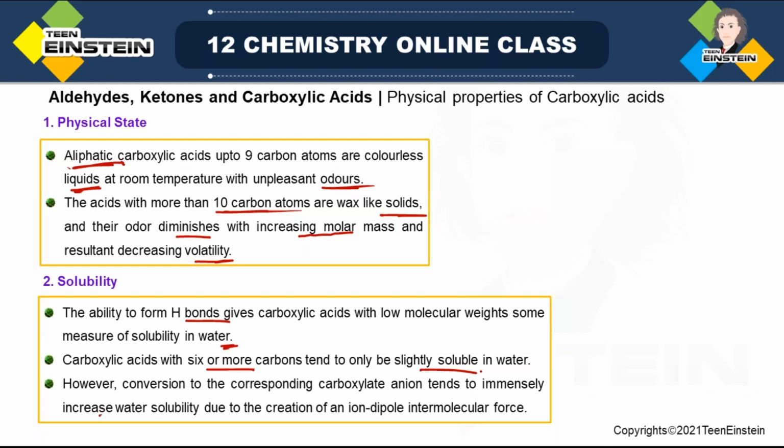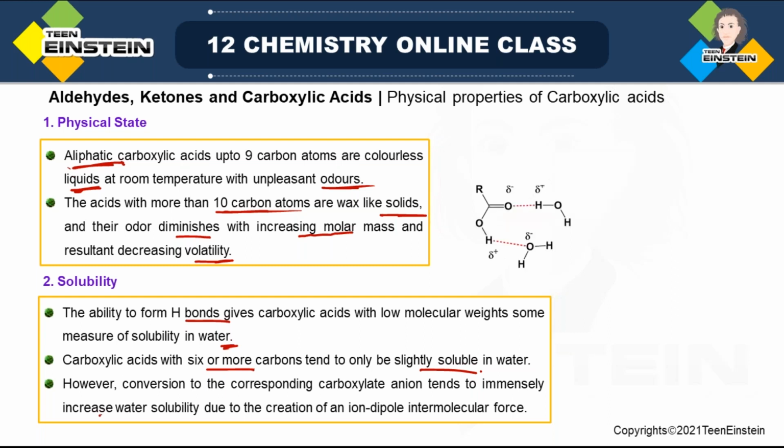The CO2H group is fixed, only one CO2H group. So keeping that part fixed, you are just increasing carbon and hydrogen. So the hydrophobic part is increasing, so obviously solubility will decrease, even if there is hydrogen bonding.